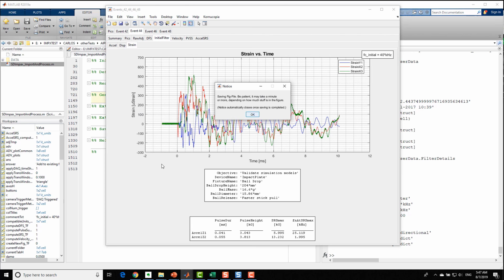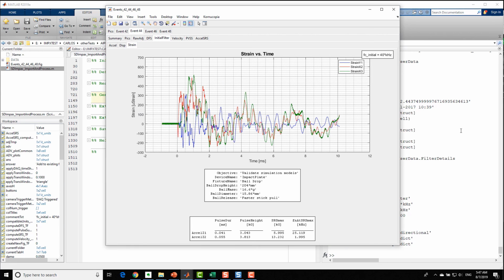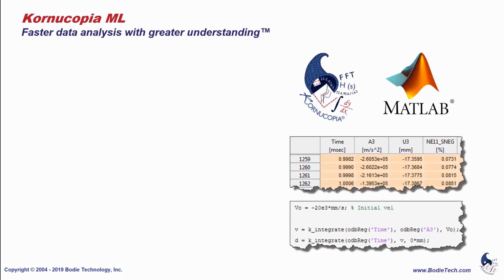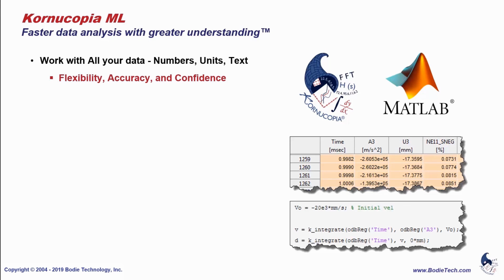By now you have seen that Kornucopia is the perfect companion tool for processing, plotting, and organizing your Vidas measurement data. With Kornucopia ML, you get faster data analysis with greater understanding, because you get to work with all your data, numbers, units, and text. This enables flexible and more accurate workflows, giving you and your team greater confidence in your results.